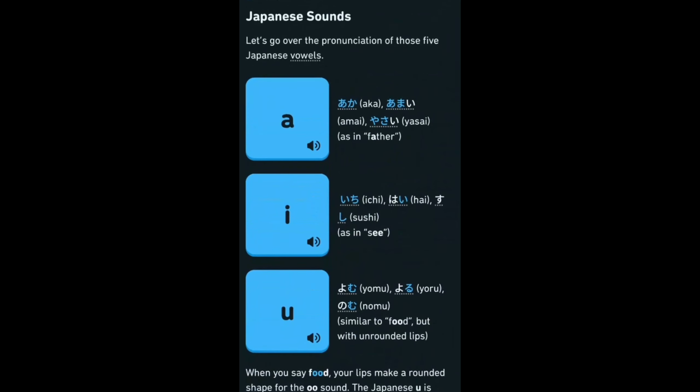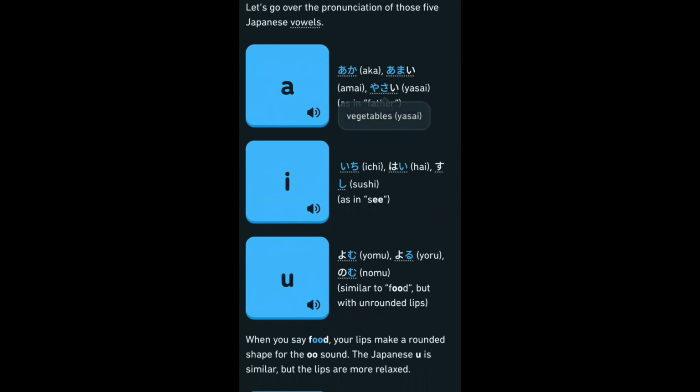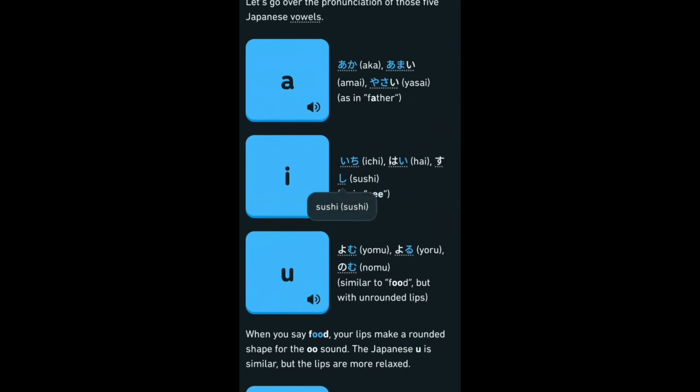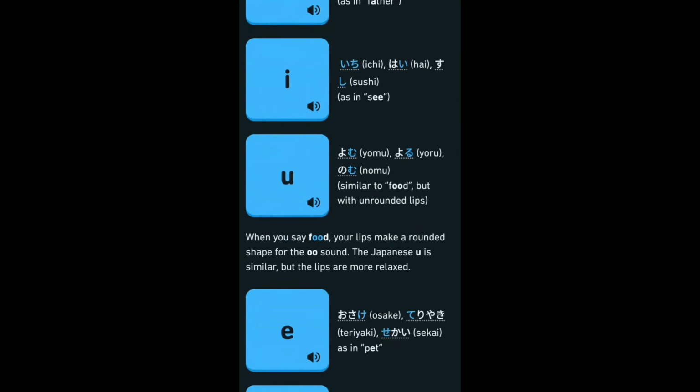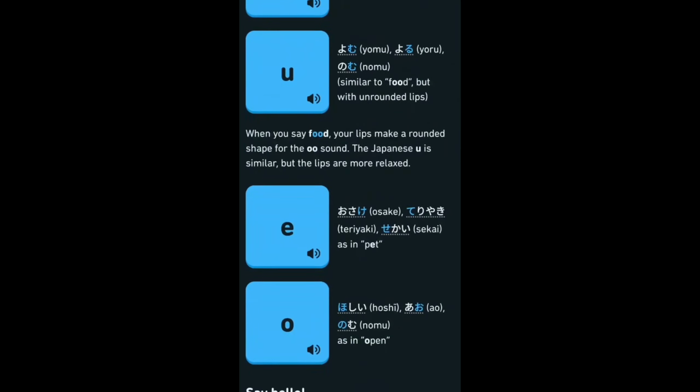So, the Japanese vowels are a, as in aka, or amai, or yasai, or i, as in ichi, or hai, or sushi. Hai is not really a good example because it's 2 vowels. And u, as in yomu, or yoru, or nomu. We haven't learned any of those words yet. And when you say the u sound, pronounce it almost like food.